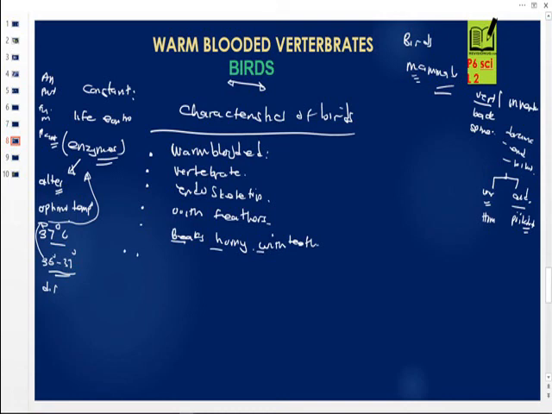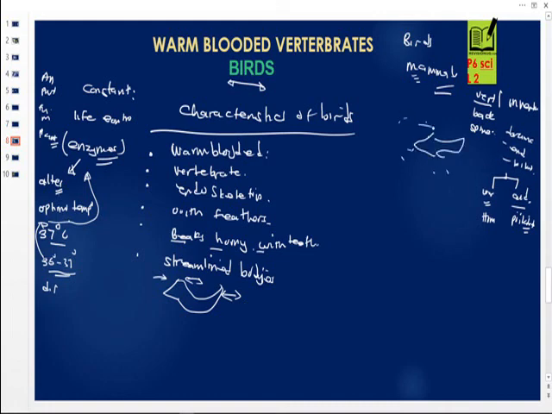And now these birds have what we call a streamlined body. Their bodies are streamlined, meaning that their bodies are pointed forward and backwards. This is what we call streamlining. Remember, these birds move by flying, within air. So as they are flying, even this air is moving.